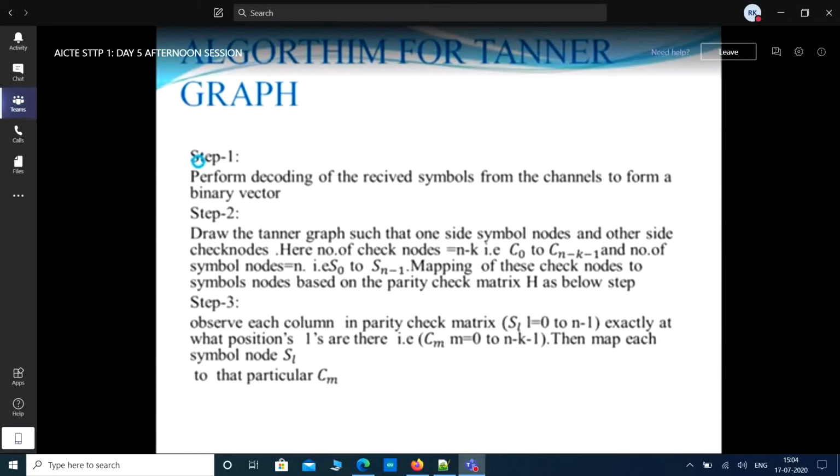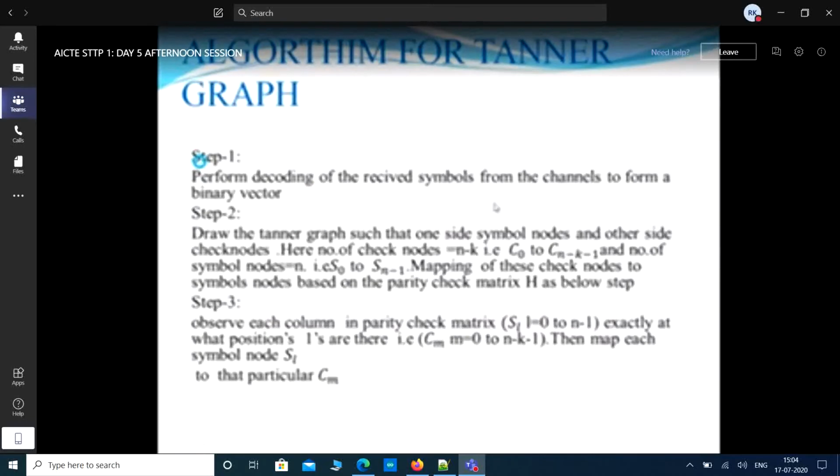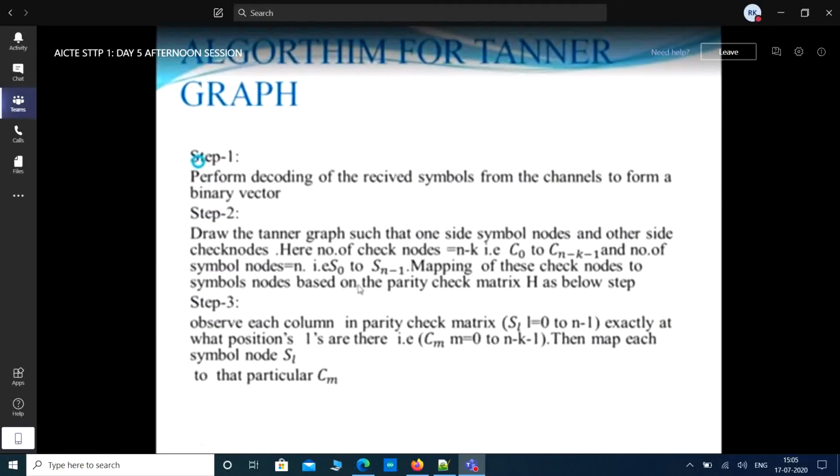C0 to C(n minus k minus 1) are the check nodes, and the symbol nodes are S0 to S(n minus 1), or you can start S1 to Sn also. Then map these check nodes to symbol nodes based on the parity check matrix, exactly at what positions the ones are.